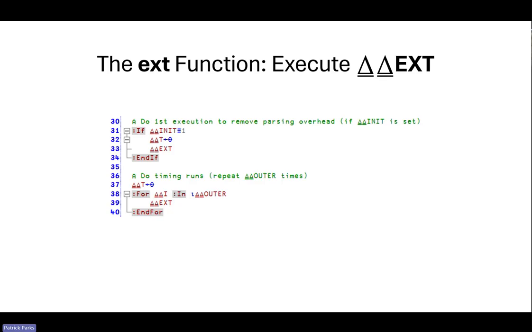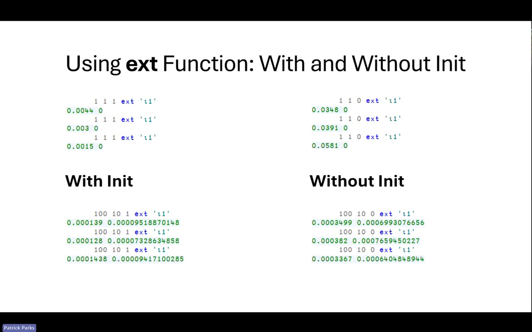The next thing in the function is just to show the runs with and without the initialization calls. On the left, we're doing one iteration and one iteration, excluding the initialization overhead, and we see how long it took.